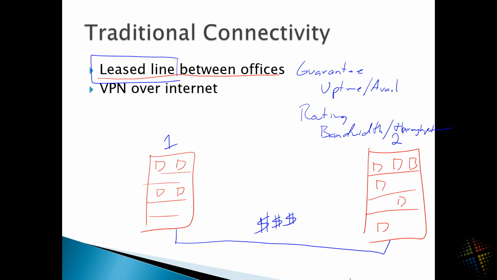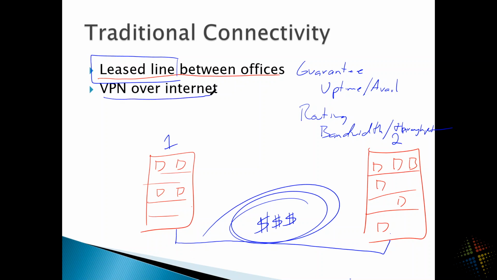The only problem with having these leased lines is the fact that it costs quite so much money in order to have this point-to-point connectivity. The second option is a VPN over the internet, and this is where prices start dropping like crazy. My connection to the internet at home is like $40 a month, and I get like 40 megabits per second. So that's a very inexpensive price for me to be able to connect to the internet.